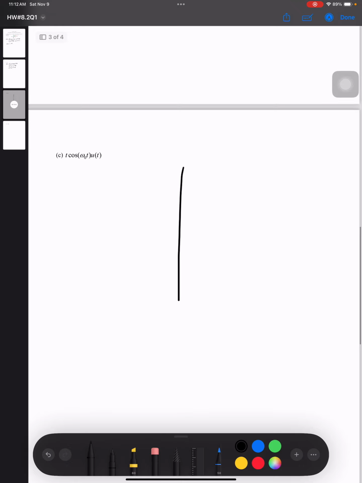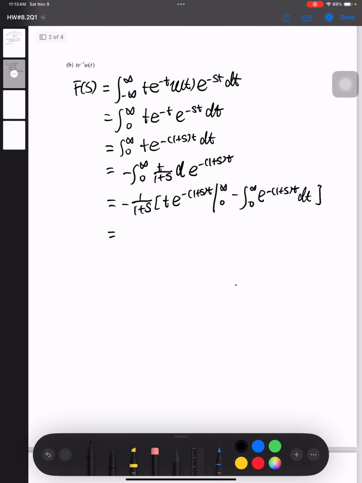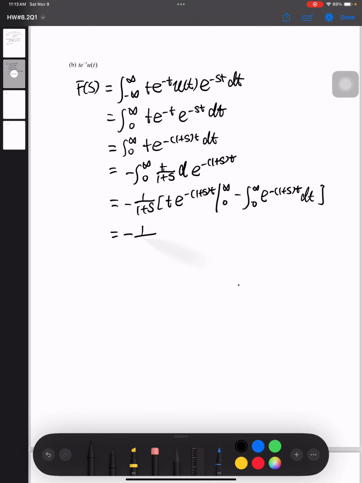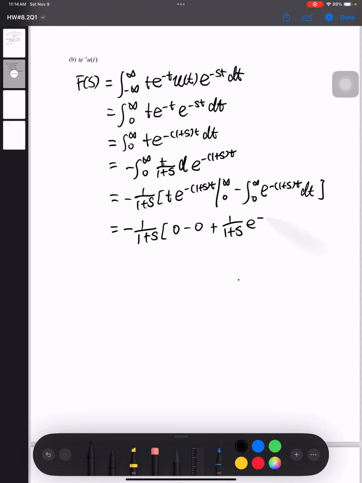Then we can simplify, which is minus 1 over (1+s) times the first term, 0 minus 0, plus 1 over (1+s) times e^(-(1+s)t) from 0 to infinity.